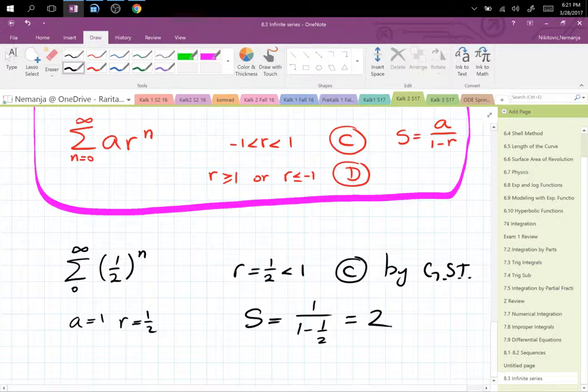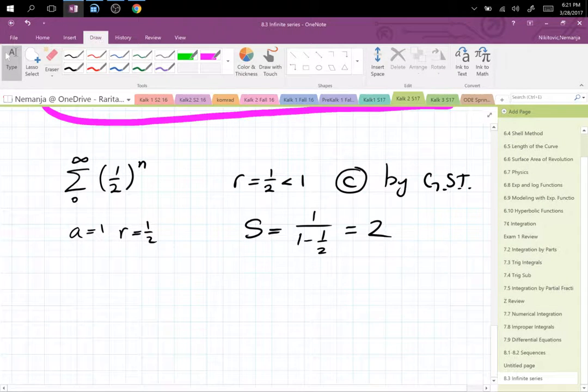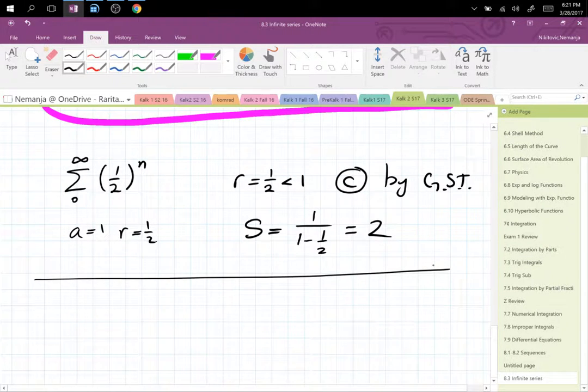So when you add infinitely many values of this particular geometric series, it adds to 2. That's the sum of it. So it converges to 2.